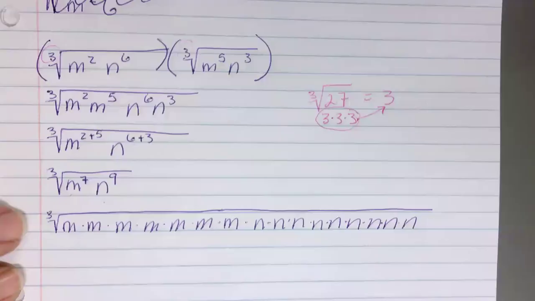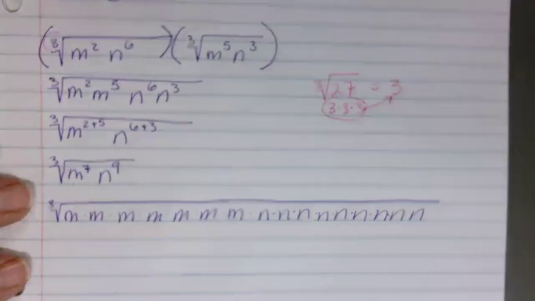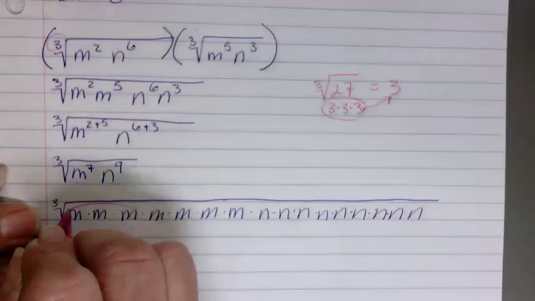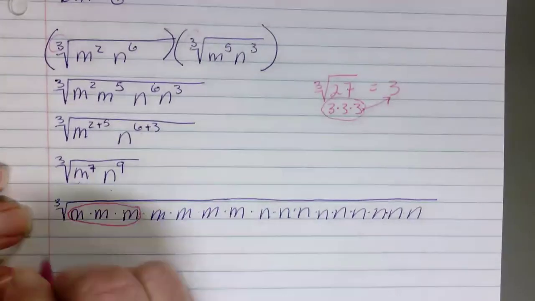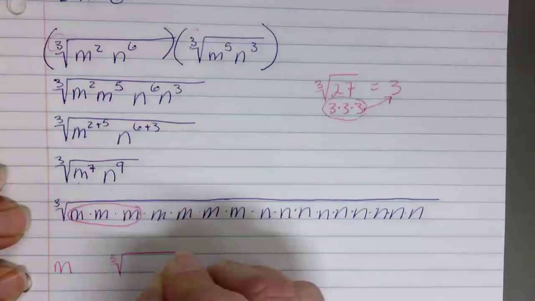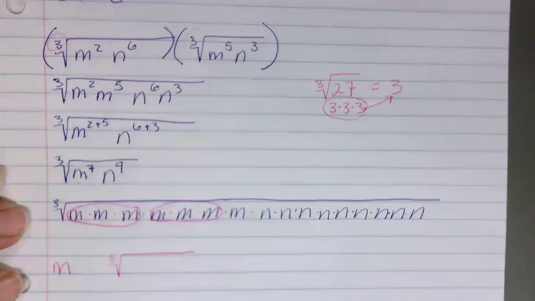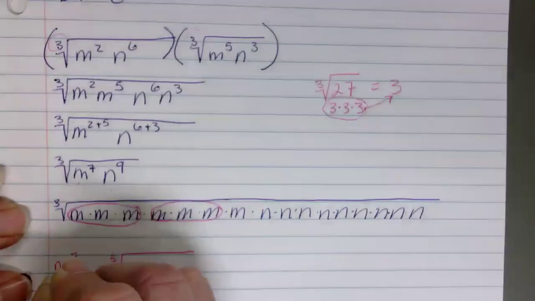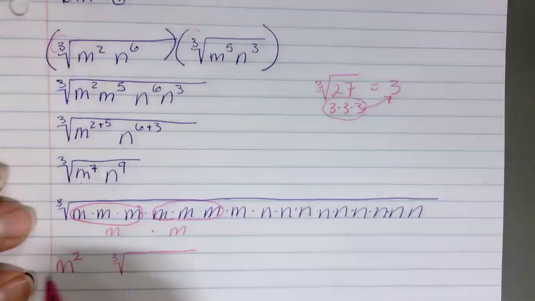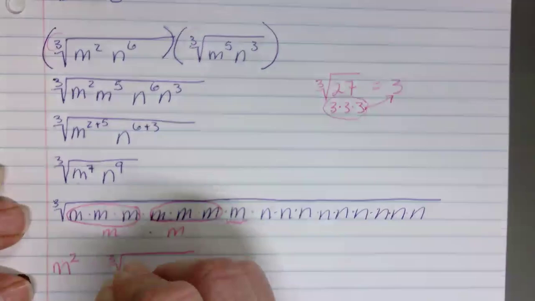Right, so I have the cube root of all of those. So I'm going to go ahead and group them by 3's. So I have 3 m's. So that means I'm going to take an m outside of this cube root. Ooh, and then I have another set of 3 m's. So now that's going to be squared because I have m and another m times m is m squared. And then I just have one left. So he stays under the radical sign.